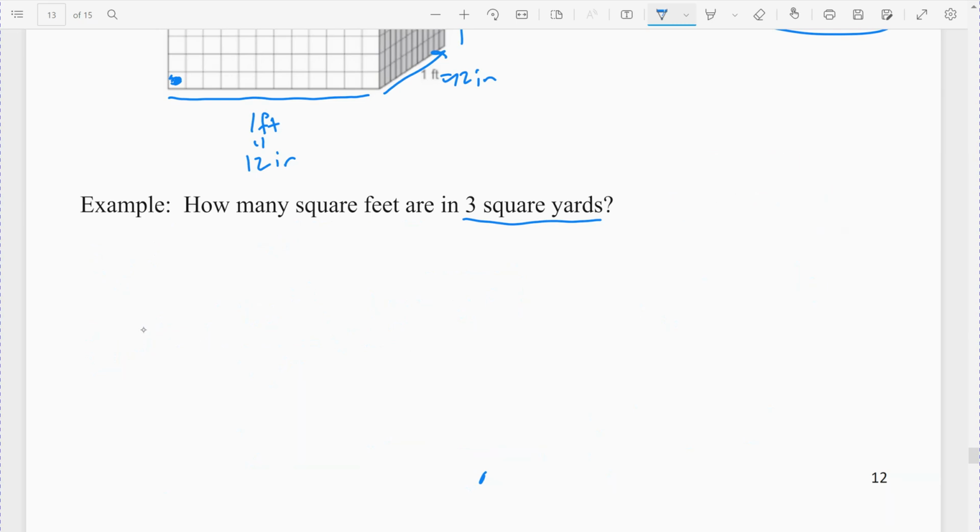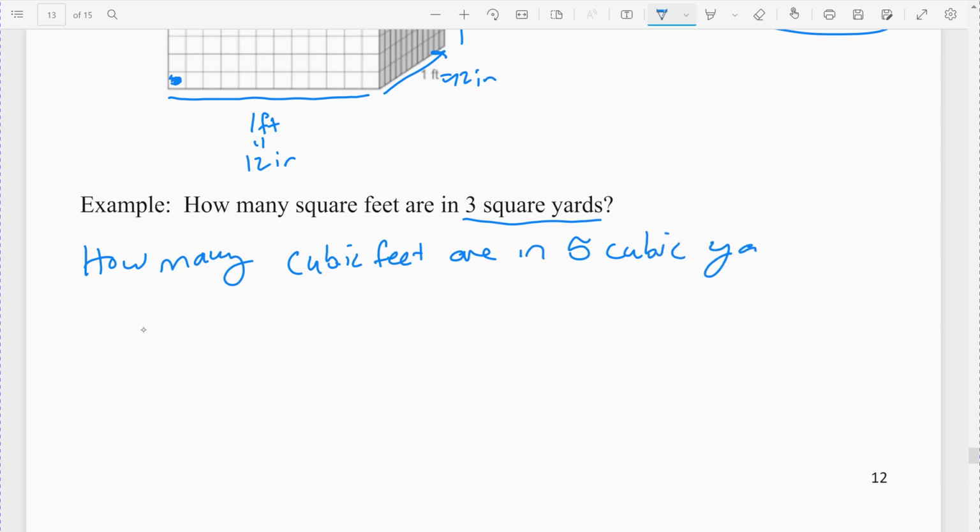All right, so let's say we want to see how many cubic feet are in 5 yards, 5 cubic yards.